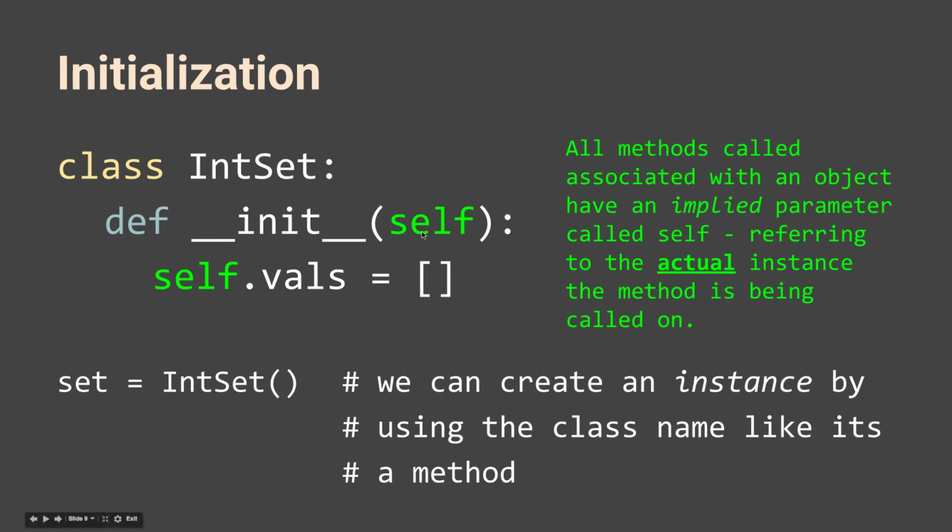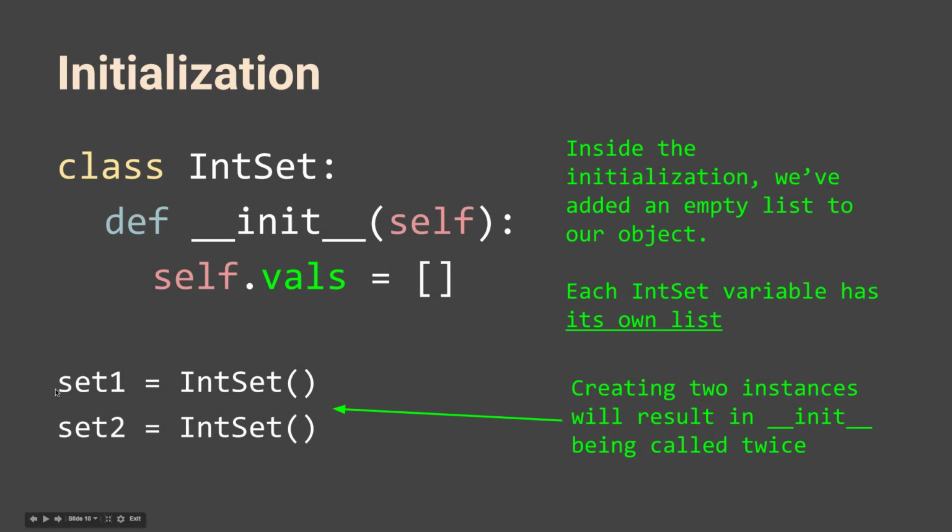And so what we're saying here is that we've got an object called self, and I'm going to create a vals attribute. This is going to be the list that corresponds to the data in my set. Essentially, my IntSet is a wrapper around a list, and it just makes sure that the user never puts multiple duplicates in the list. So if I create set1 equals IntSet and set2 equals IntSet, what's important to understand is that this init function is called twice.